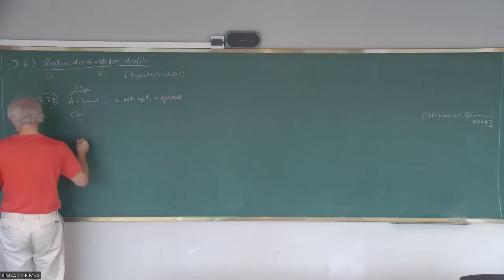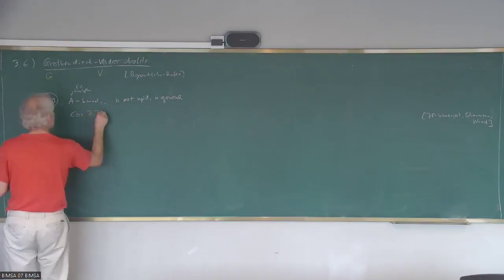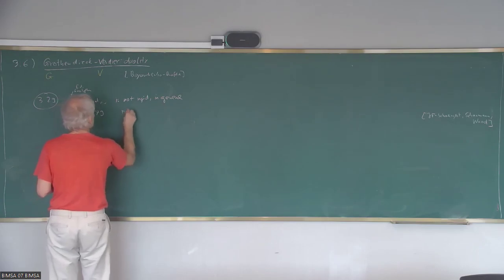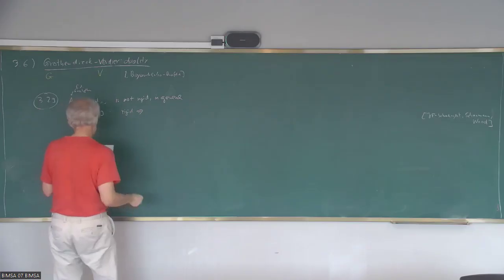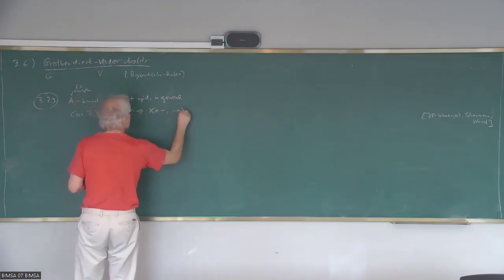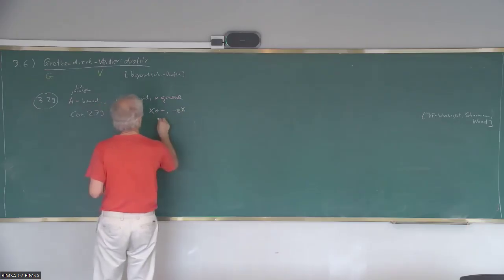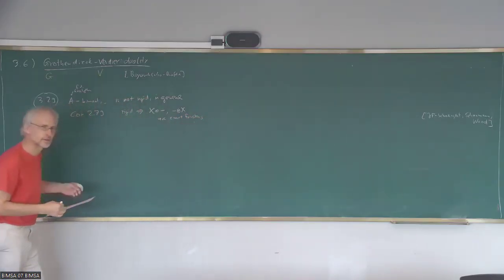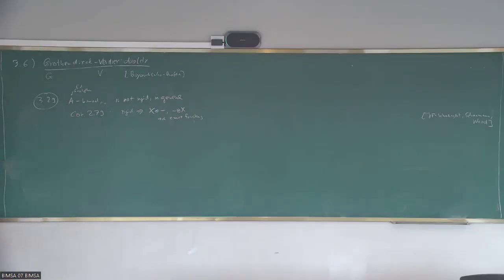First, remember from corollary 279 that if C is rigid, then the functors of tensoring with a given object X from the left and the right are exact. And I just give you an example of a situation where such a functor is not exact and therefore the category cannot be rigid.